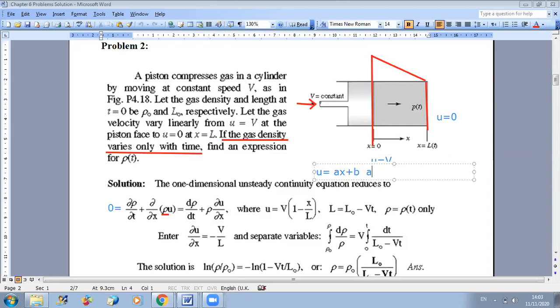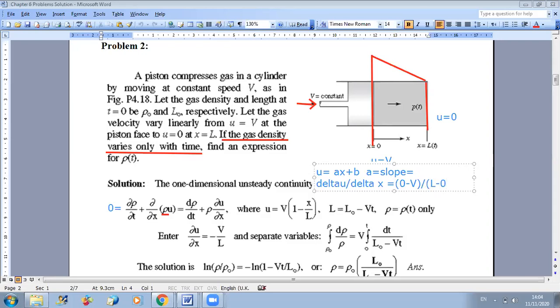Okay, a represents the slope. It will be equal to delta u by delta x. So delta u over delta x, which is equal to the slope. Okay, what is the slope here? Delta u is 0 minus big V over L minus 0.